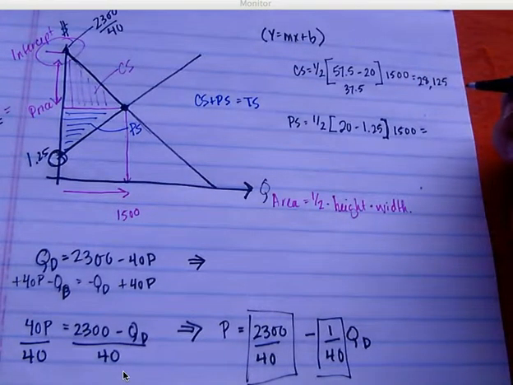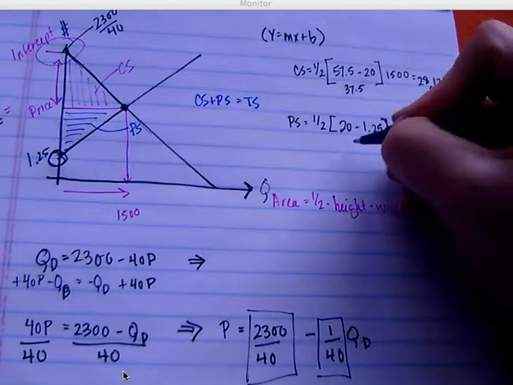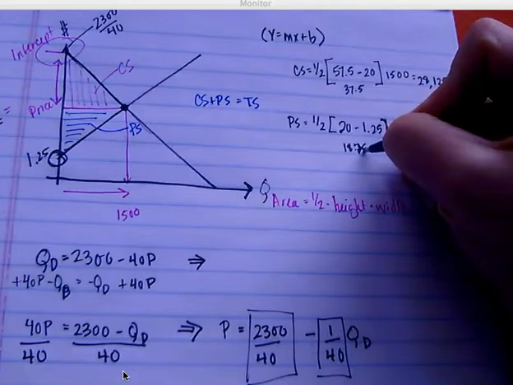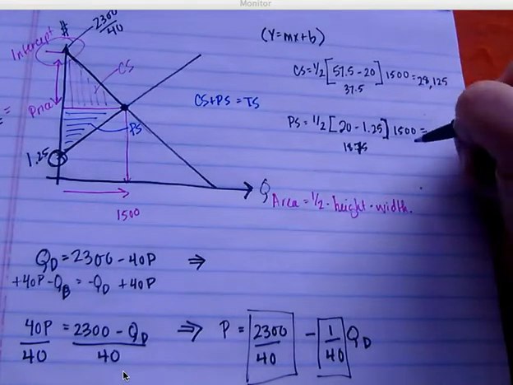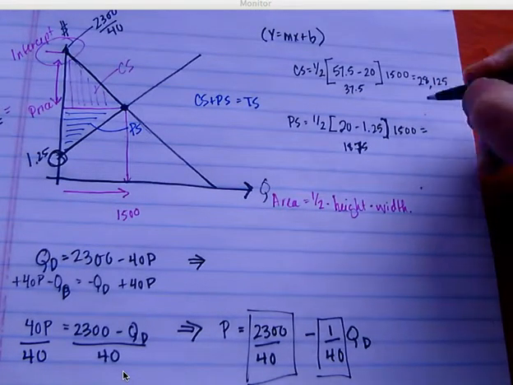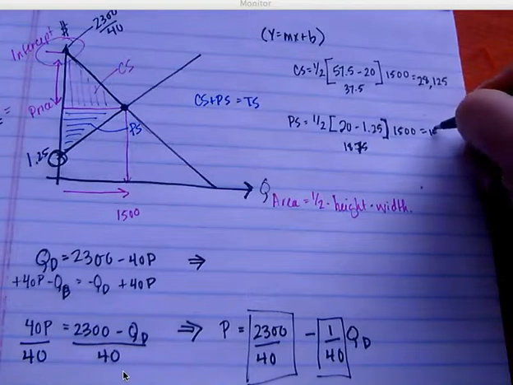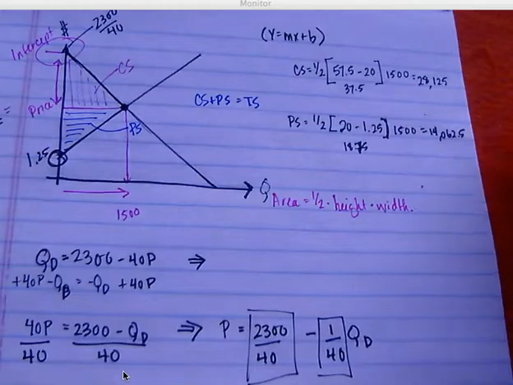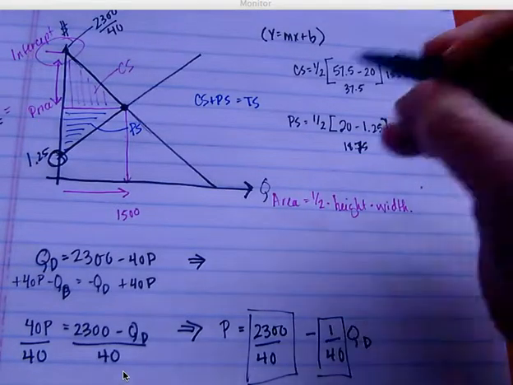So this is 18.75 times 1,500 divided by 2, which is equal to 14,062.5. So we've got our consumer surplus and our producer surplus.